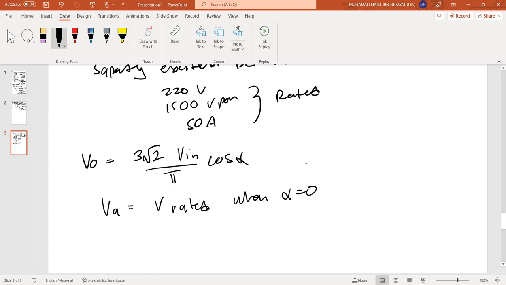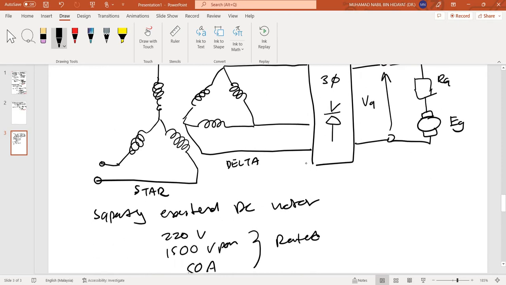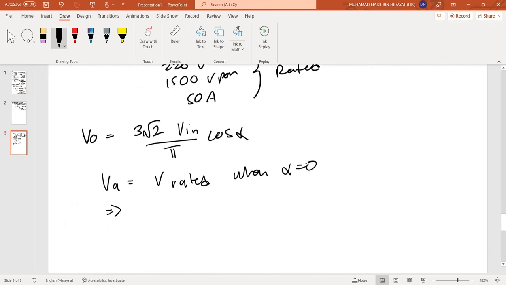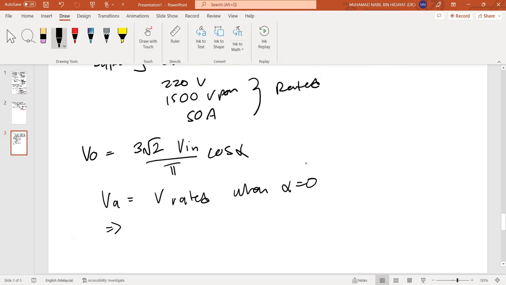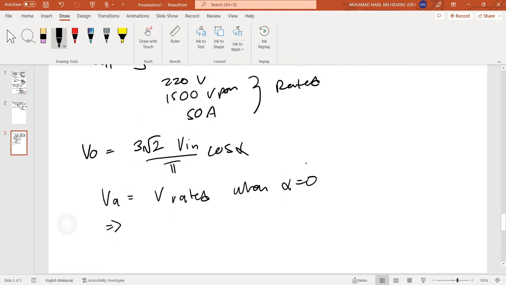So for the transformer turn ratio, you can see one is within the V rated and the other one is on V out.